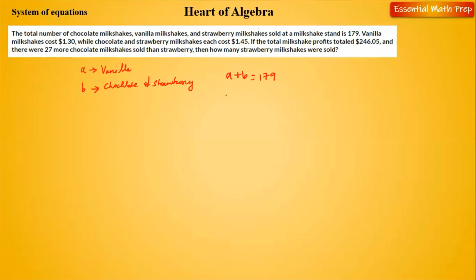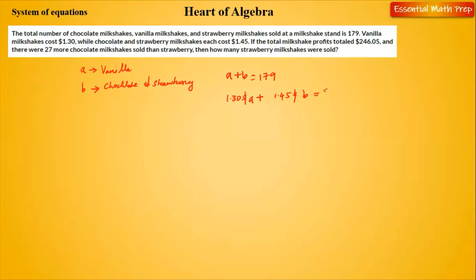In the next case, we know that each vanilla milkshake costs $1.30. So $1.30 A, where A corresponds to vanilla, and the dollar we equate to $1. And the cost of the strawberry and chocolate milkshakes combined is $1.45 B, because we said B corresponds to the total of chocolate and strawberry, and A corresponds to the total of vanilla.